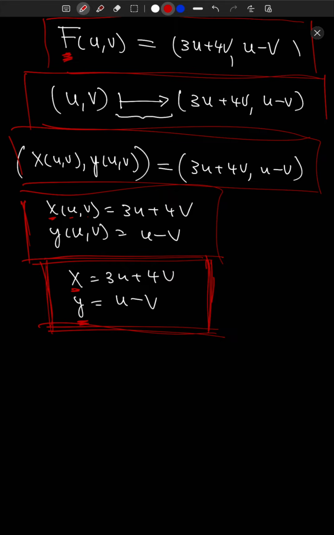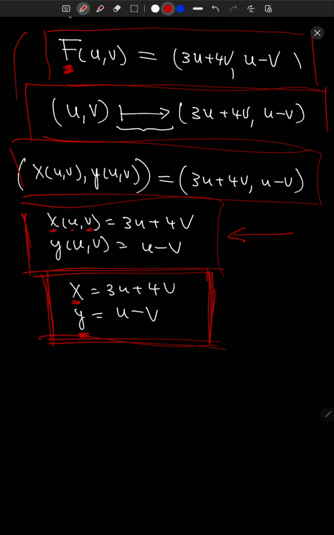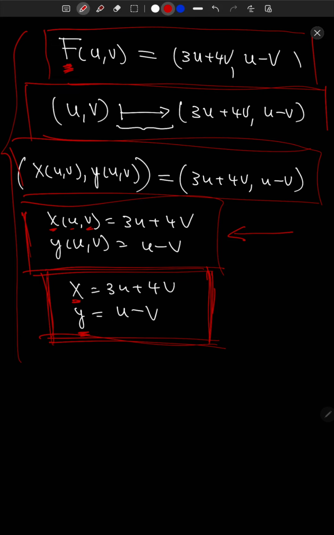Oftentimes we think of x as a variable, y as a variable, and also u and v as variables, and now we have these variables equating to each other, which can be confusing. So in the form above, we're explicitly emphasizing that x is a function that depends on u and v, and the same with y. In any case, we'll be using all of these notations all over the place, so you should definitely get comfortable with seeing them all.